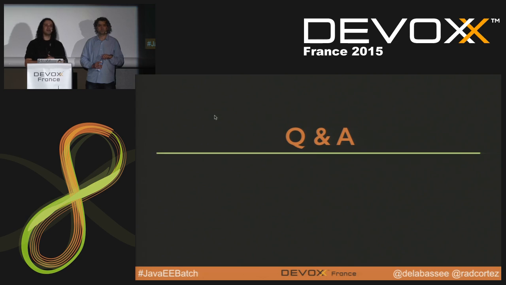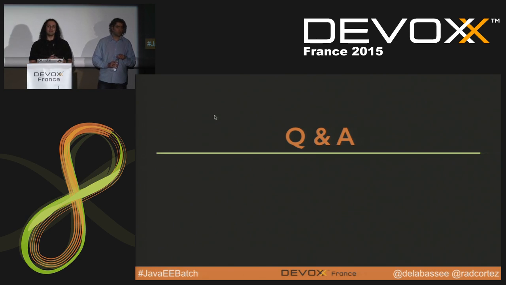Anything else? Yes, I have another question. When you have a retry on exceptions, can you have a wait on the retry? Do you have a parameter that says I will wait 2 minutes, or 1 hour, before retrying? Okay, so the question is whether we have some mechanism to wait when we want to retry.